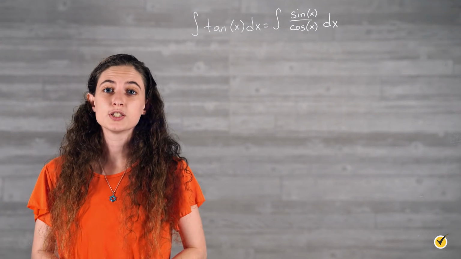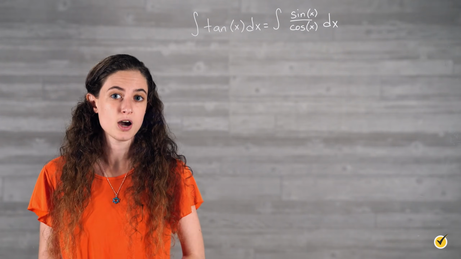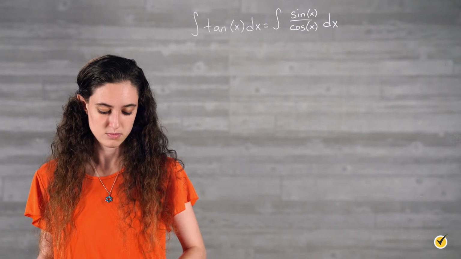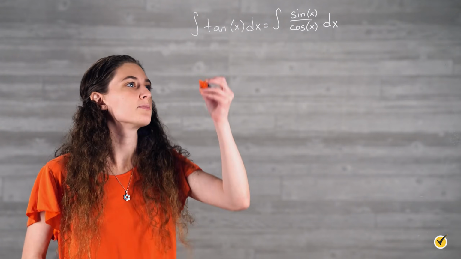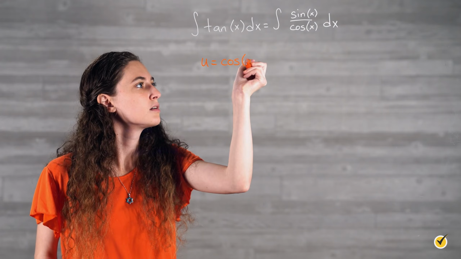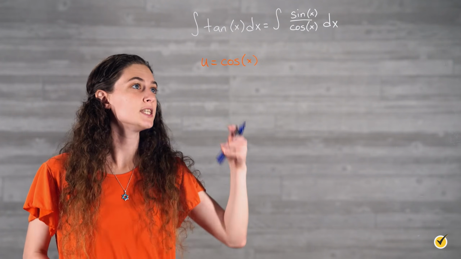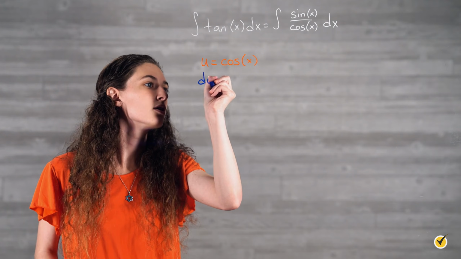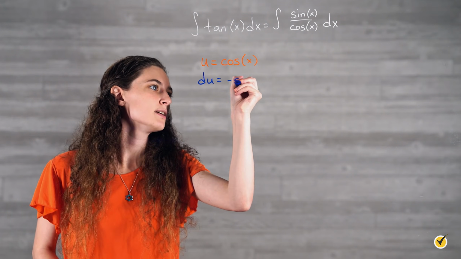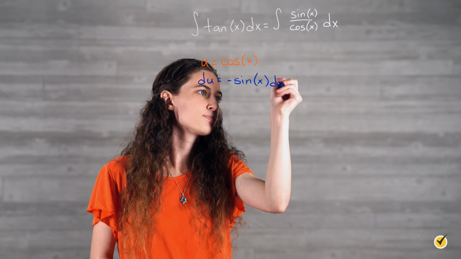Okay, so first thing we need to do is choose our u carefully because du cannot be in a denominator. So our u is going to be cosine x, which then means that our du is equal to negative sine x dx.